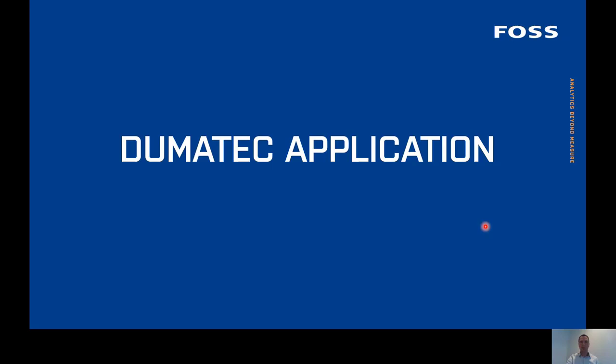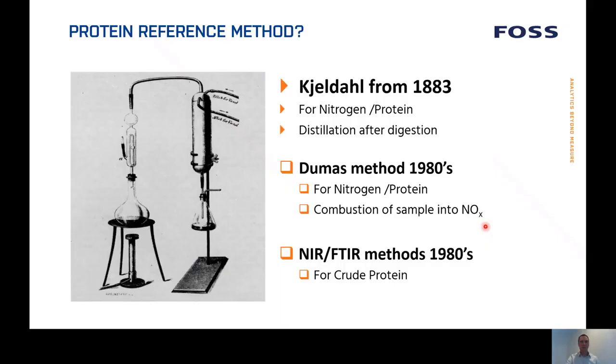So now let's go to some Dumatec applications, just some theory. For measuring protein, the Kjeldahl method was invented in 1883, and then Dumas as a running method was done in the 1980s, and it's a combustion method.